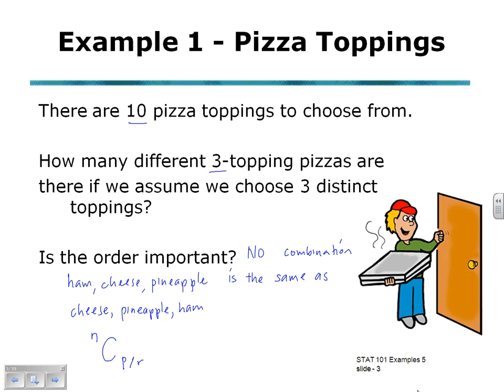The little p or the r, the subscript to the right hand side of the C, is the number that we're choosing. So in our case we're choosing 3 toppings out of a possible 10. So it's 10 choose 3. On the calculator, press the 10 first, followed by your function, followed by the 3.